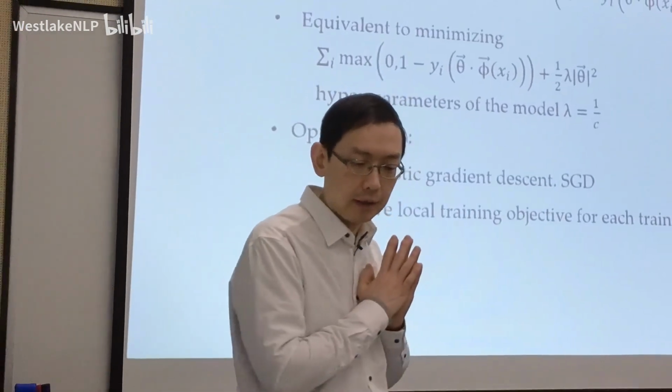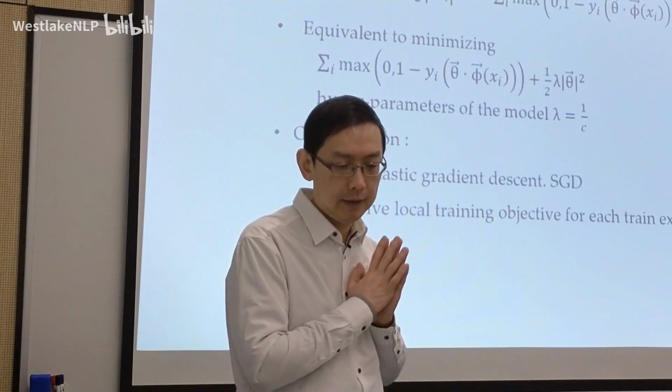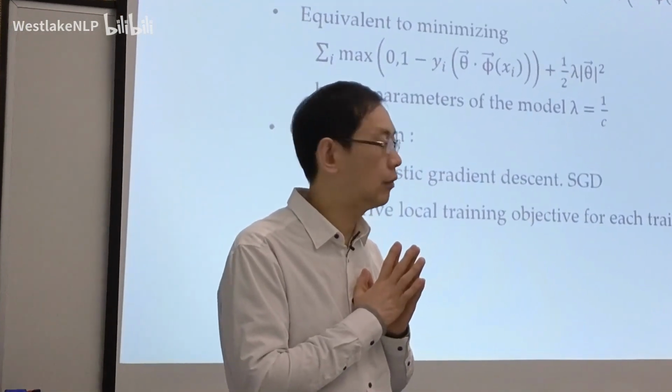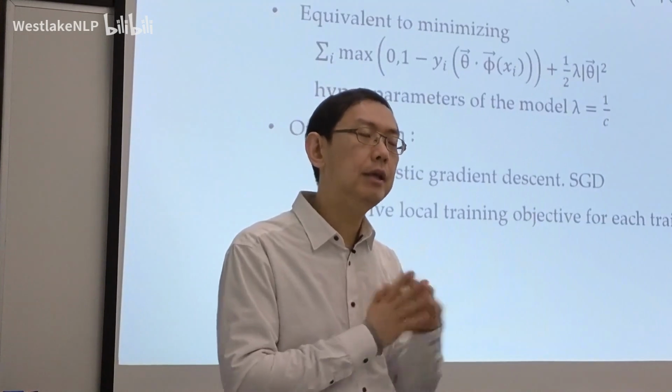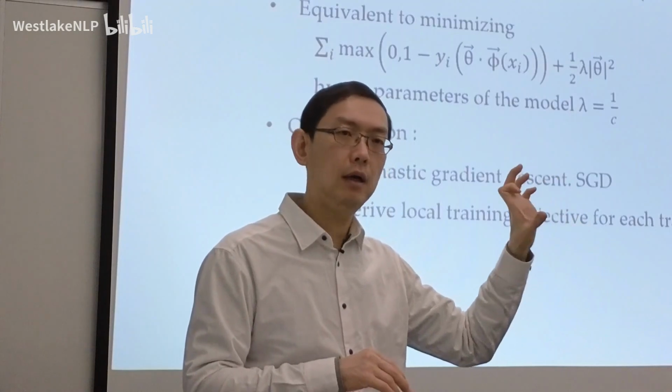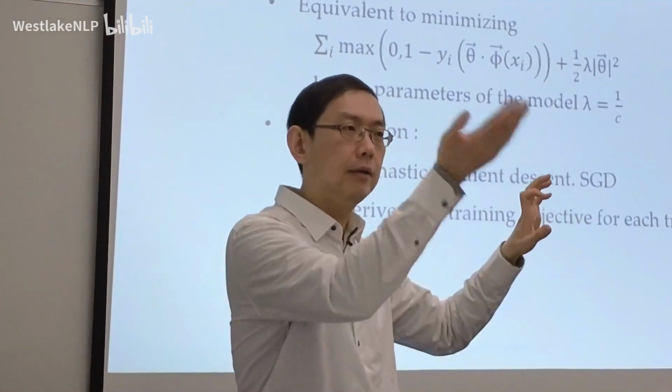But if this thing is less than 1 and greater than 0, what does it mean? It means that it's still correct, but it's not safe. It falls between the support vector and your hyperplane, okay?